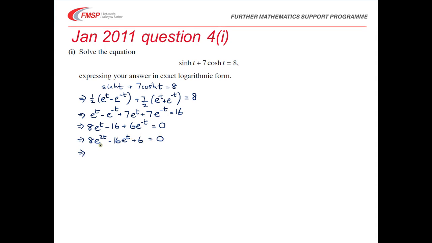I can see that now I want to divide through by 2. And I can now factorise this: 2e to the t minus 3, 2e to the t minus 1.